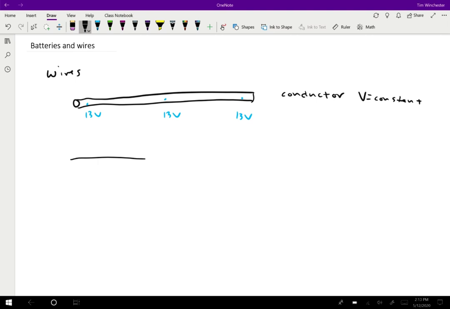Even if it's not strictly a wire, even if it was some other kind of conductor that was part of a circuit for some reason, like maybe you used a paper clip as part of it, so you could have a paper clip like this, and then you just kind of kept going with the circuit, we would still draw that as just a wire, so just one long line.